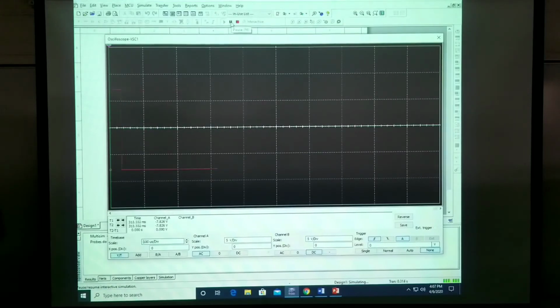So to get a good look at it, we're going to pause and bring it back. This is really big, so we're going to increase the scale for our timing.